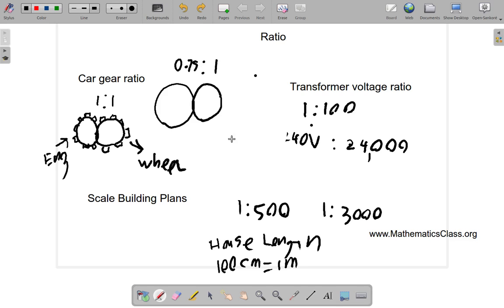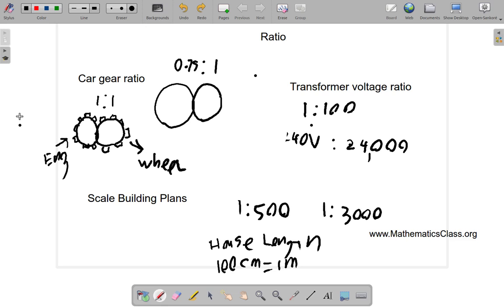That means for every 3/4 turns of the shaft coming into the gearbox from the engine, you have 1 complete turn of the shaft going out towards the wheel. So in this case, you have an overdrive, right?